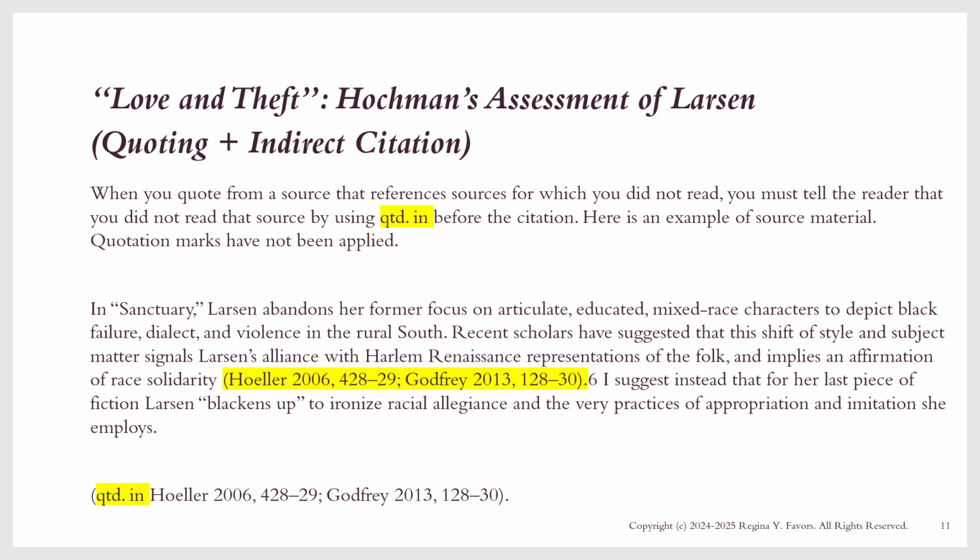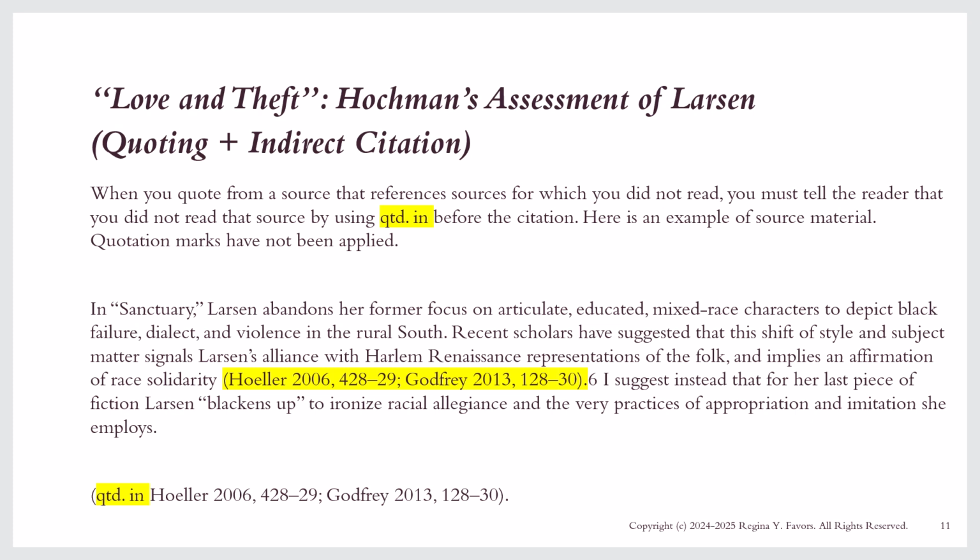I suggest instead that for her last piece of fiction, Larsen blackens up to ironize racial allegiance and the very practices of appropriation and imitation she employs. So when we represent a source that we did not read, but the author is referencing an entry, we place before it "quoted in."